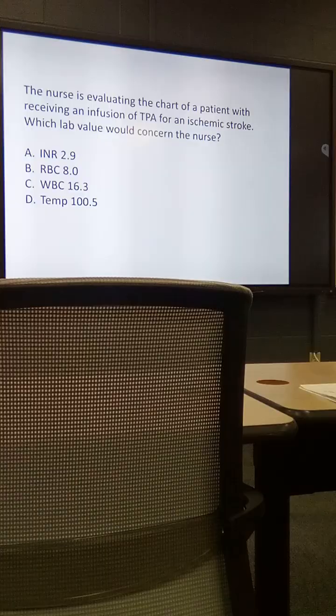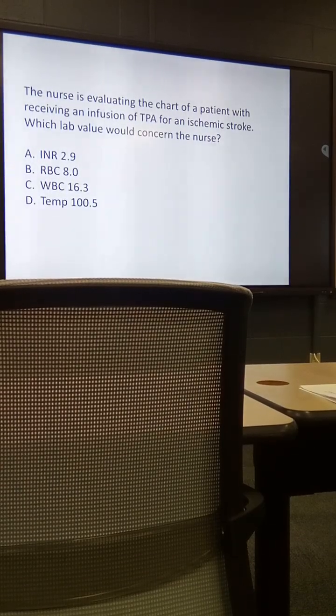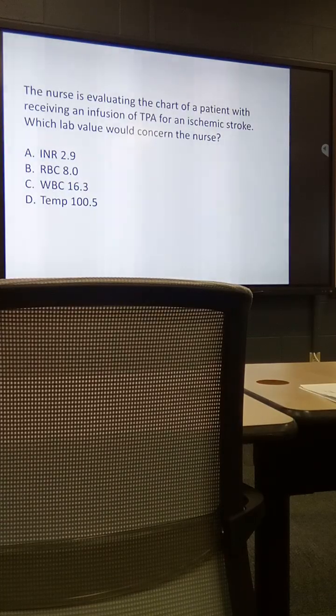So when is TPA contraindicated? What INR? Above 1.7. Because that means they're being anticoagulated with something. Coumadin, heparin, they're already being thinned out. So, take away A.